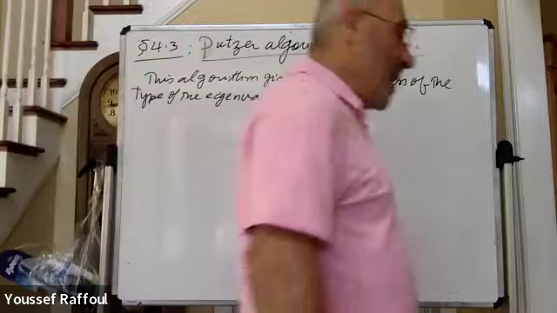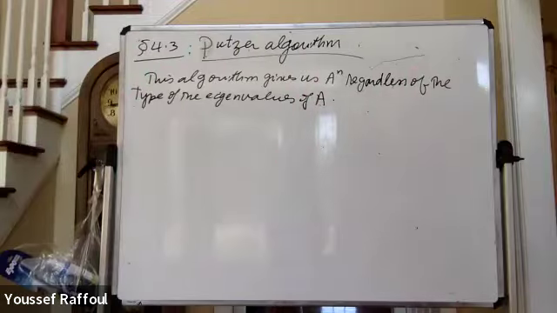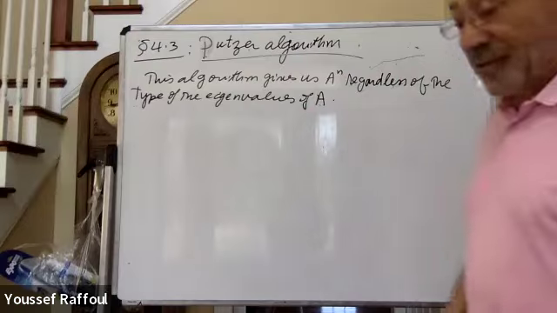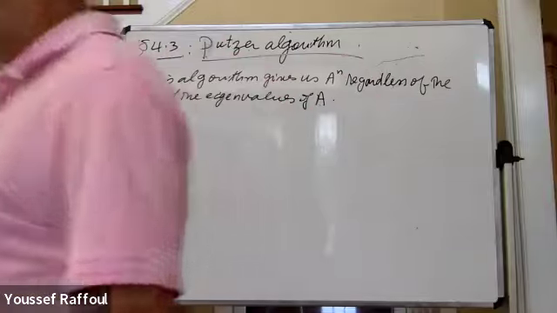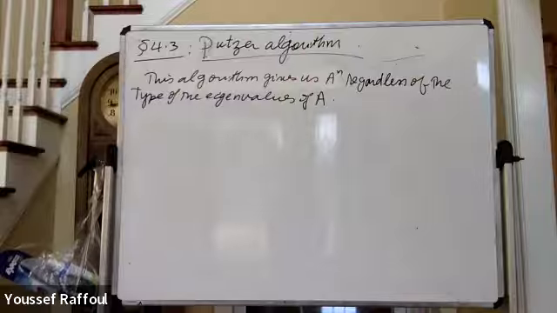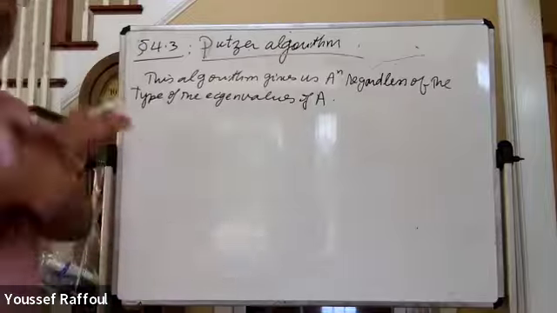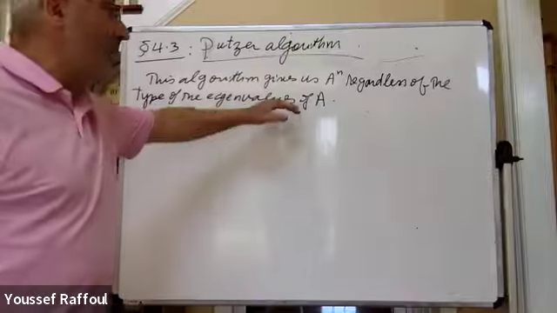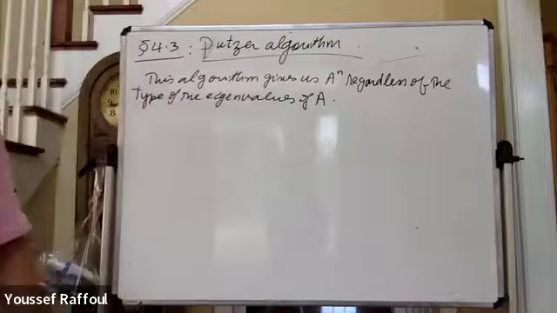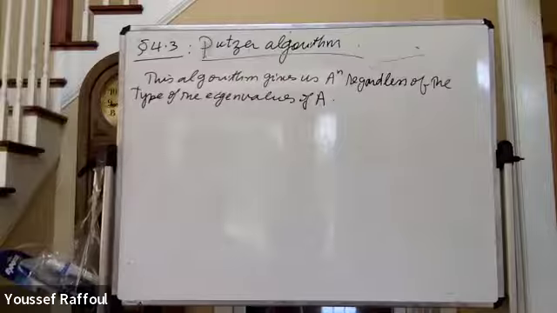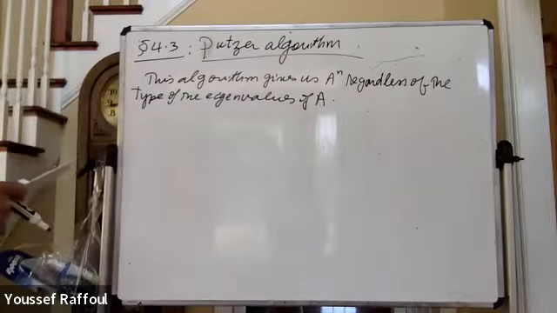But if it did not, then we resorted to generalized eigenvectors. And that is a little bit difficult. So now we're going to look at this Putzer algorithm. Regardless of what type of eigenvalue A has, you can always find the matrix A to the n.